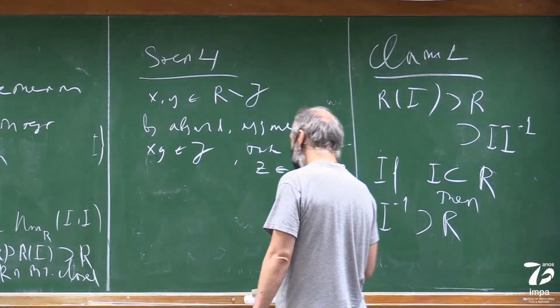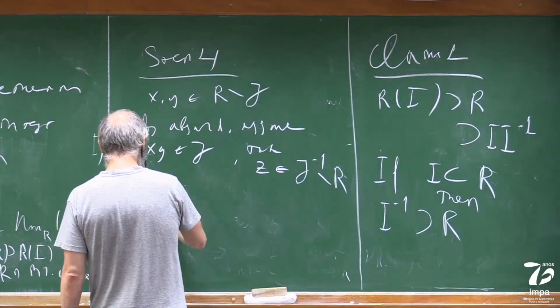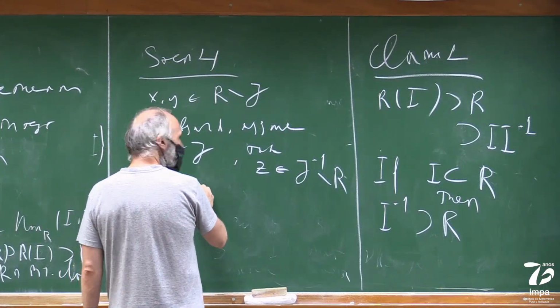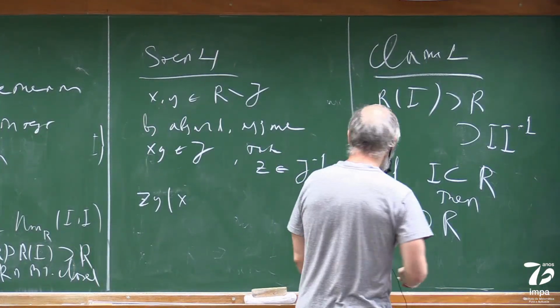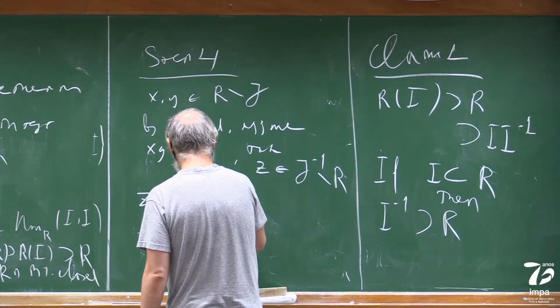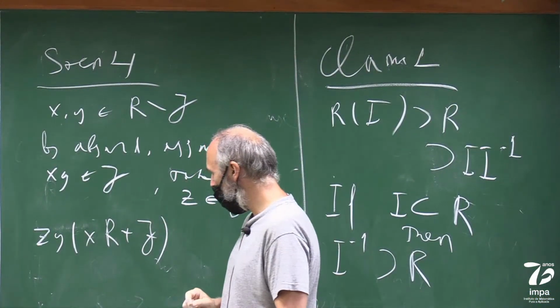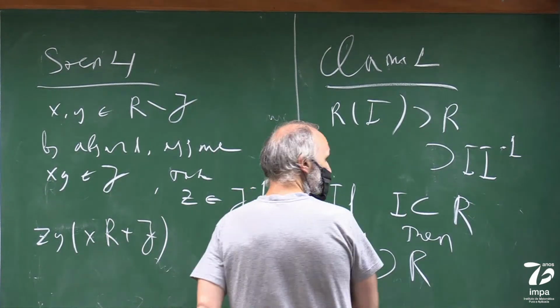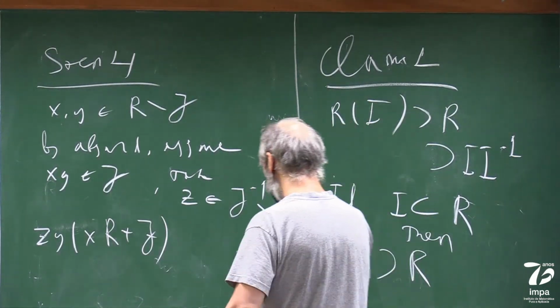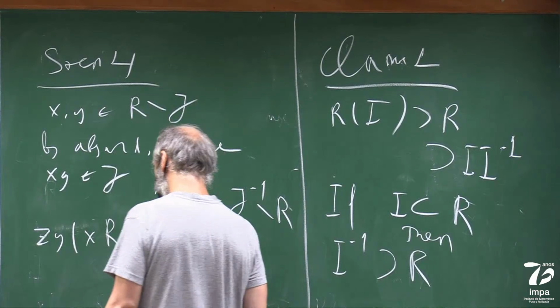Now we take Zy multiplied by xR plus J. So this belongs to R. Why?